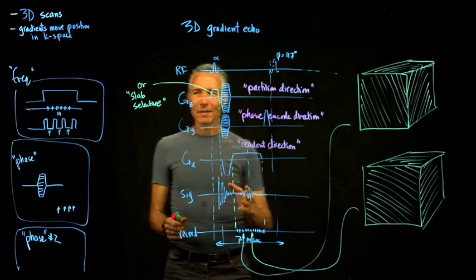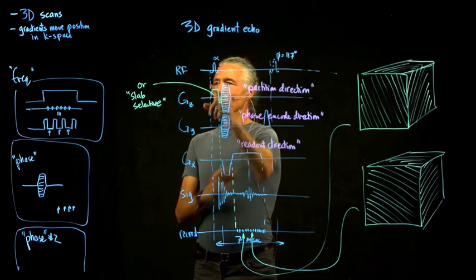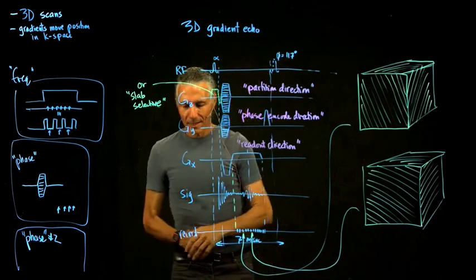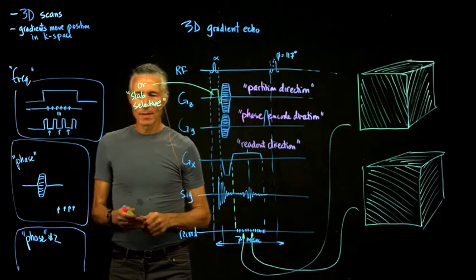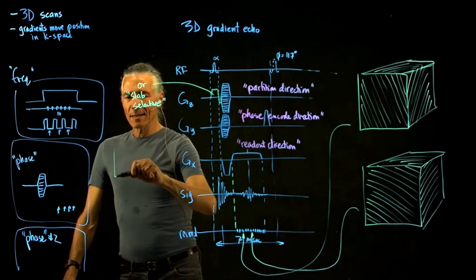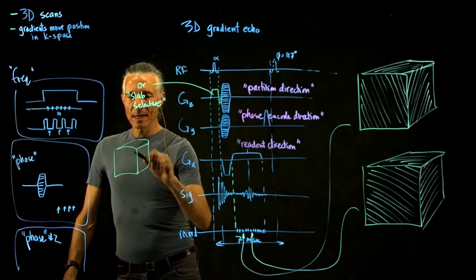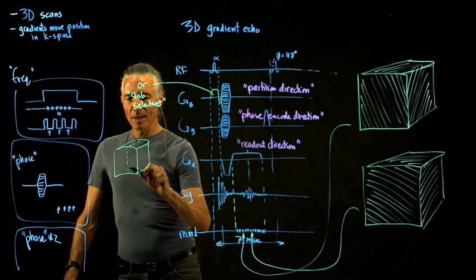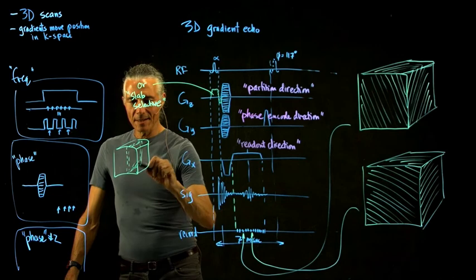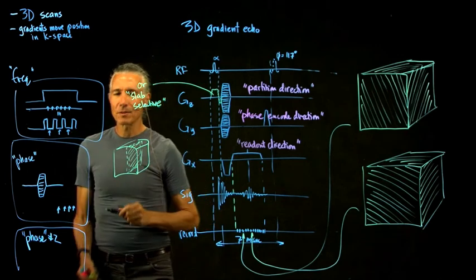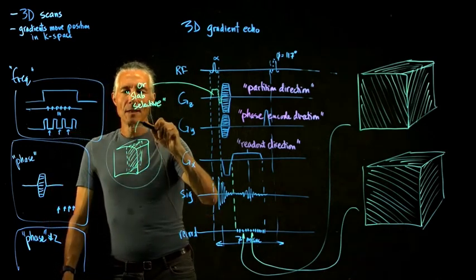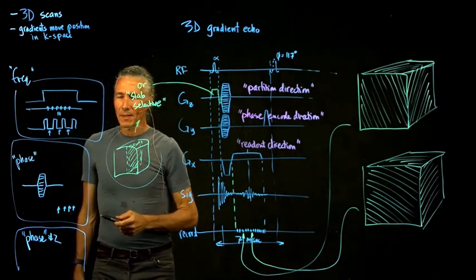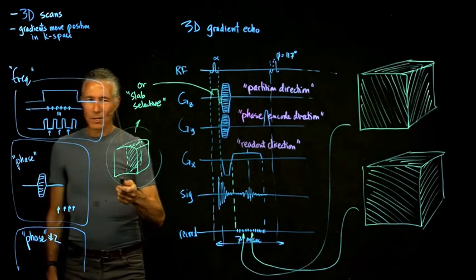So why do you want to do this? Well, you get much better signal to noise for the simple reason that you're activating the whole volume at the same time. If you do a slice select, you just pick out a little chunk of tissue like that, and then you put all the different stripes on it, and your head coil picks it up, but you only got data from a small chunk of the brain.